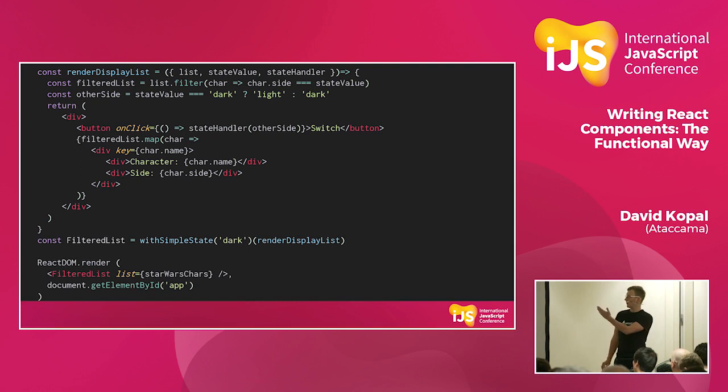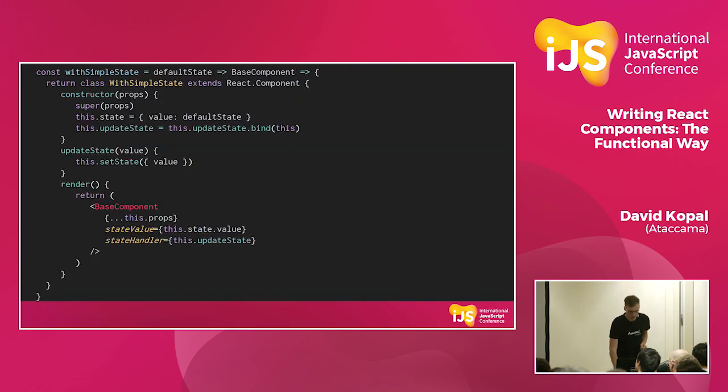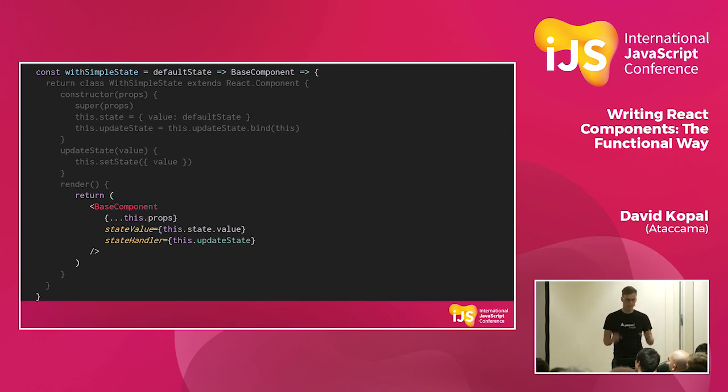Now again, just as a reminder, we enhanced our render display list with the state logic. If we take a look at our with simple state higher order component, you might say it's not a pure function because we have that impure class behavior, so that doesn't look really good. But if we take a closer look at what with simple state does, it takes some arguments, and in the end, it returns a new component.